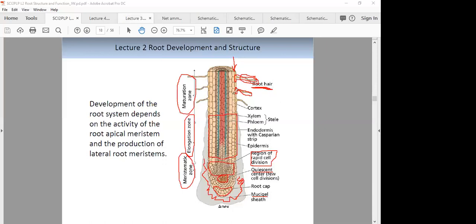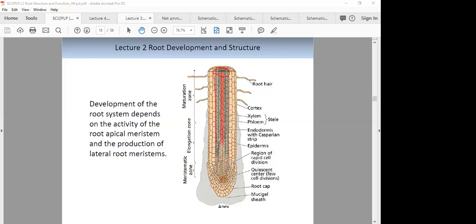Okay, good. Then we have the cells in this region here, and these cells make up the ground tissue of the root, and we refer to those cells as cells of the cortex or cortical cells. Now let me just clear all that because it's already getting messy. Okay, now the coloured region in the middle, in the actual centre of the root, what do we refer to that central region as?